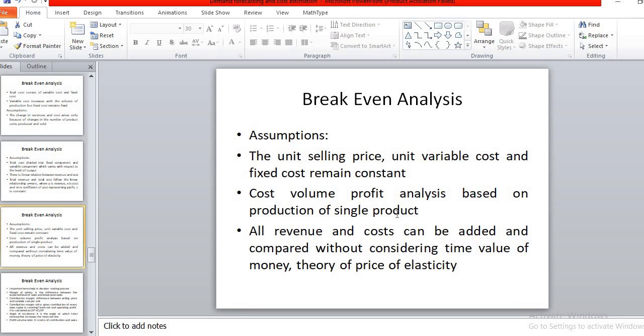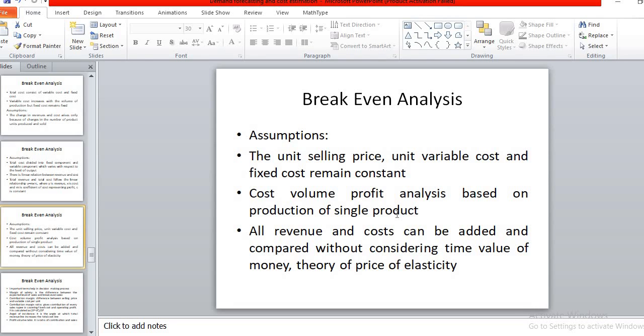If a company has multiple products, they are not considered in this break-even analysis. In such a case, you consider the sales mix.